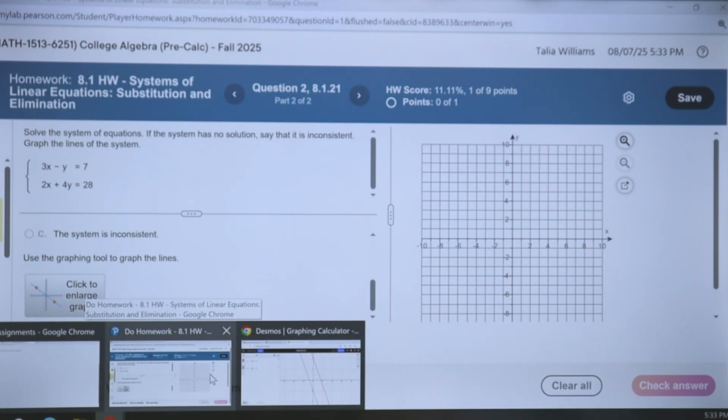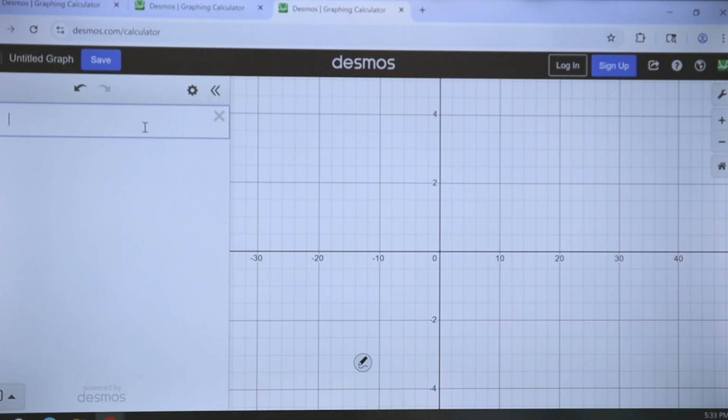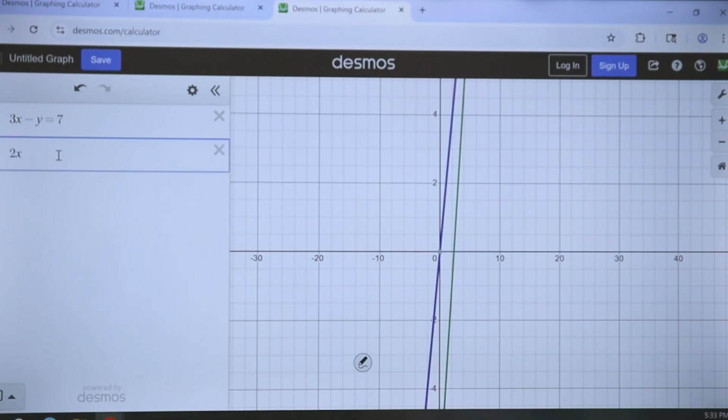So we have 3x minus y equals 7. I'll just clear this one. 3x minus y equals 7. And then our bottom one was 2x plus 4y equals 28, I believe.